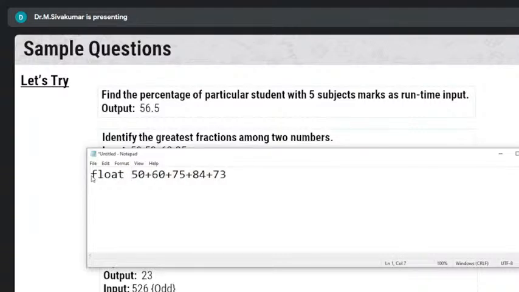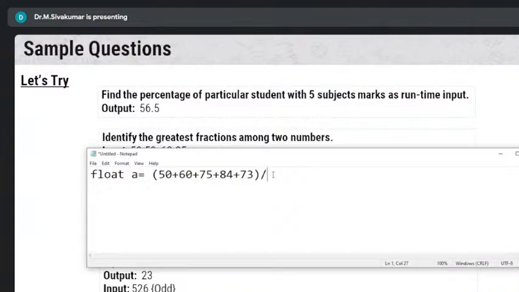Let us take A is equal to. What is the formula for calculating the percentage here? Can someone suggest? So what may be the formula for calculating the percentage of 5 subject marks?